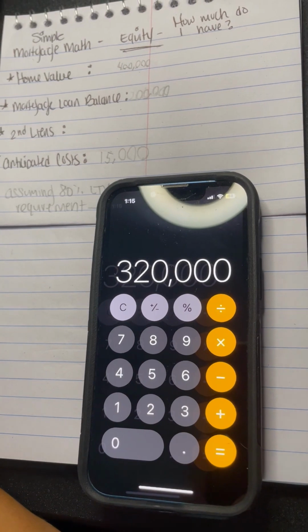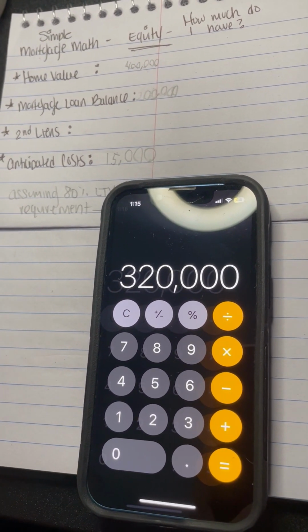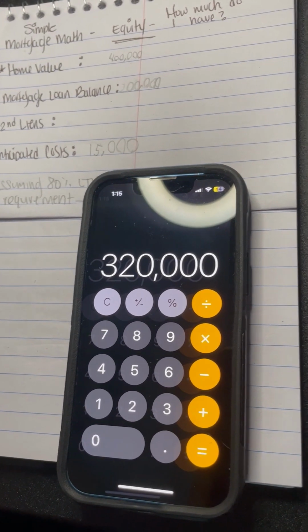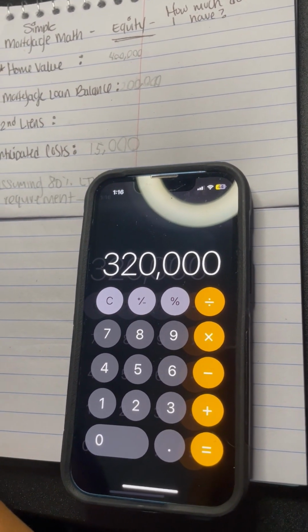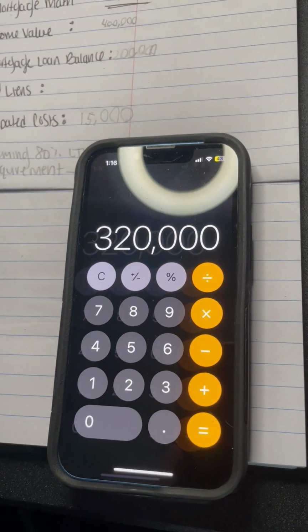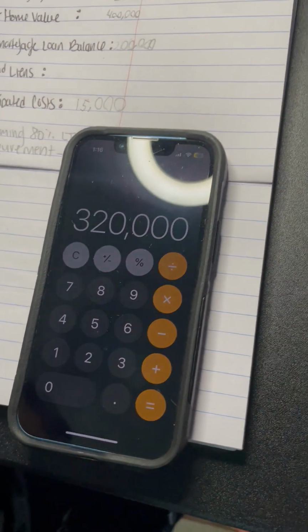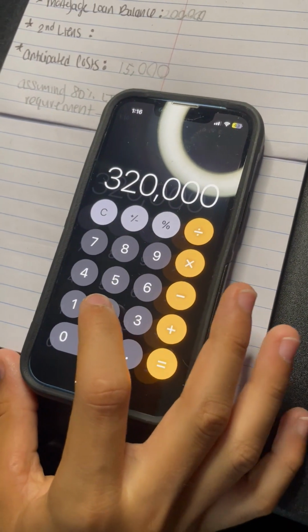First things first, we got to take the mortgage loan out of the equation plus your anticipated closing costs. So what's 200 plus 15,000? 215,000. Okay, so we're going to subtract 215,000, okay?